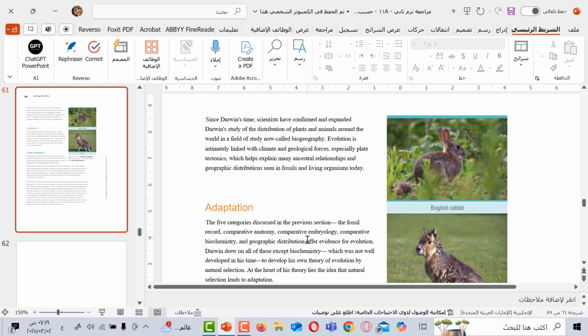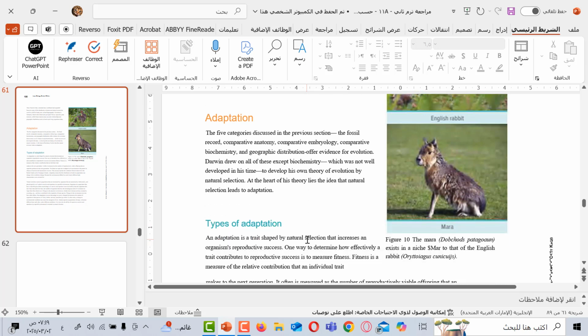Okay. Figure 10: the mara exists in a niche similar to that of the English rabbit. What kind of adaptation is it?